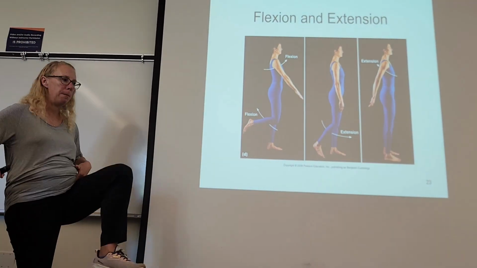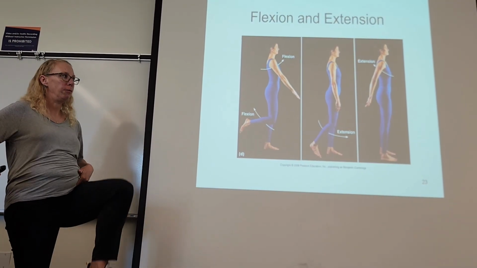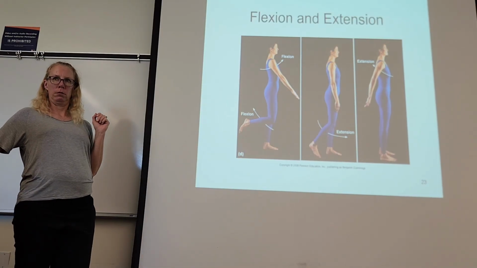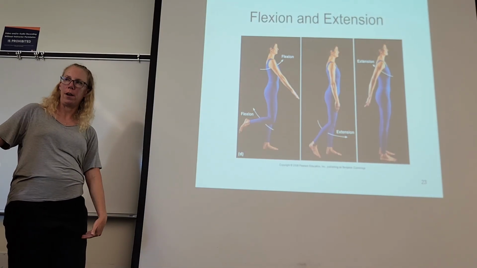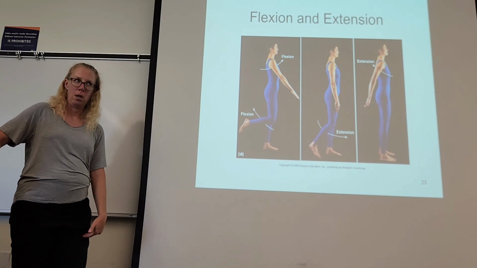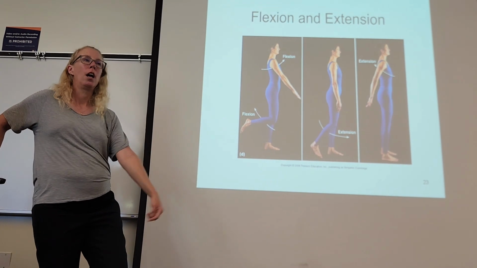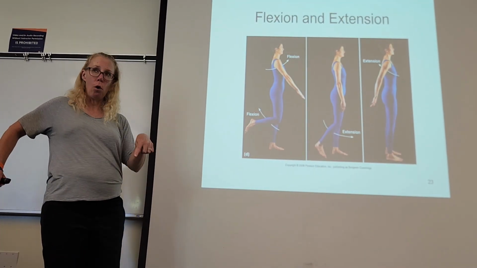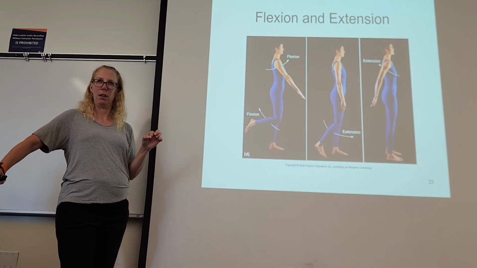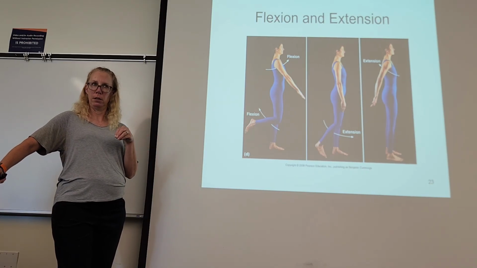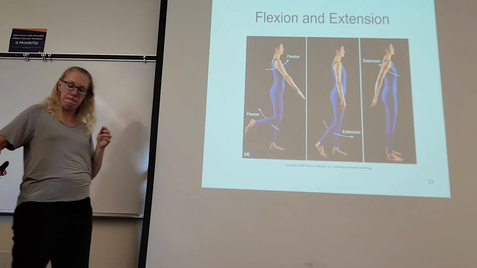If you're flexing at the hip, you're flexing your thigh, so you can say hip flexion or thigh flexion. That's fine. If you're bending your knee, you're doing knee flexion or leg flexion. It's not thigh flexion, it's leg flexion. It's the part of the body that's moving. So we'll practice that.